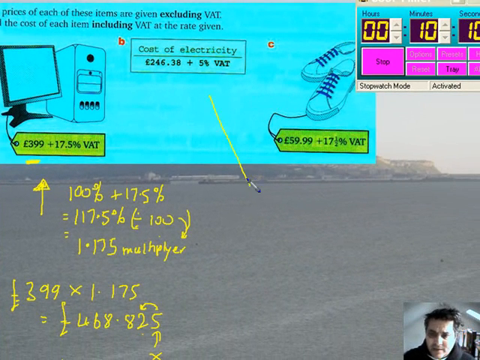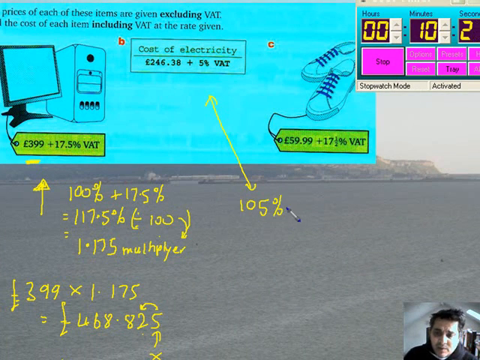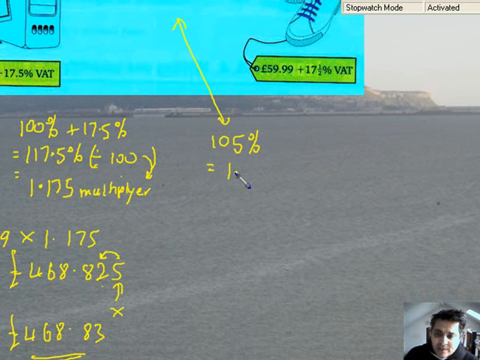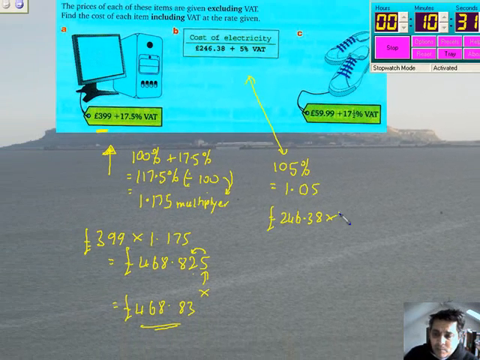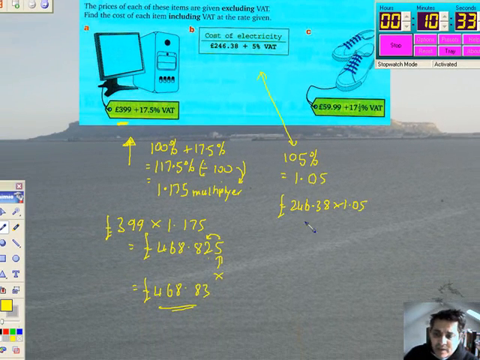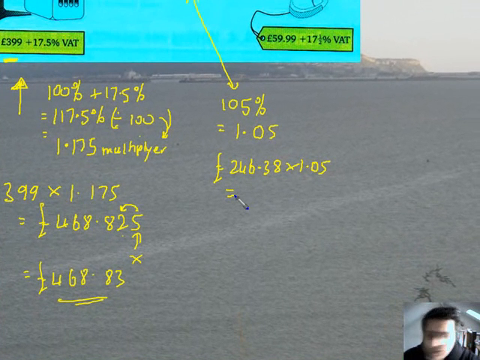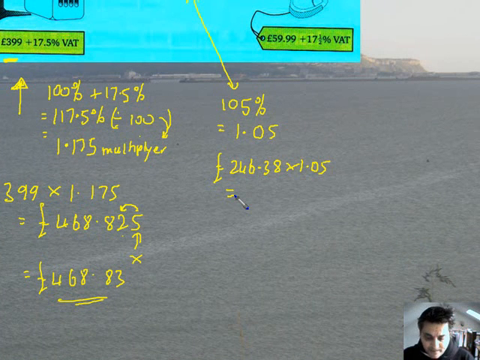Now let's go over to the cost of electricity. That's that one right there, and I'm going to be working just here on that one. So it's only 5% VAT. If we add on 5%, we've got 105% if we're going to use a multiplier, and we show that as 1.05. So I'll take my bill, £246.38, multiplied by 1.05, and I'll get my 5% VAT added on straight away without any messing about.